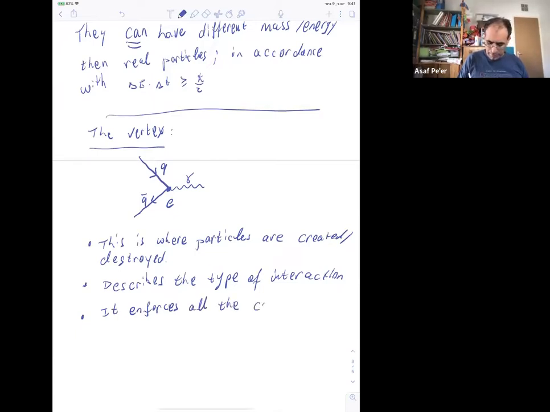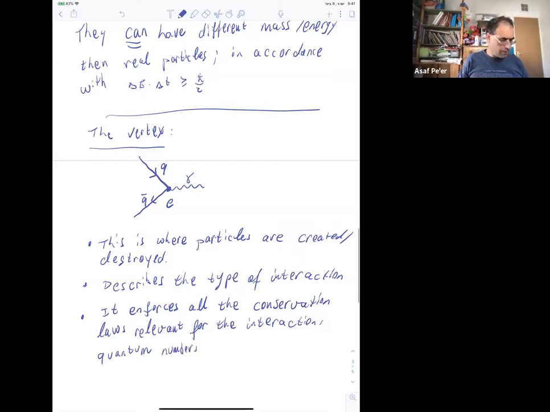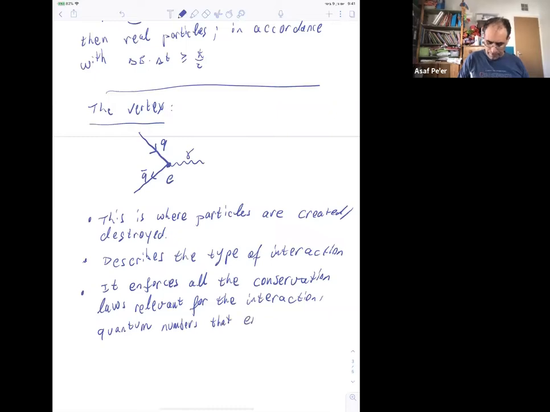So we have full conservation of all the relevant quantum numbers in each vertex.